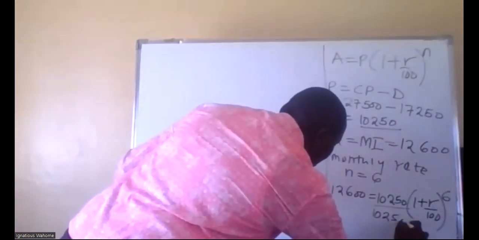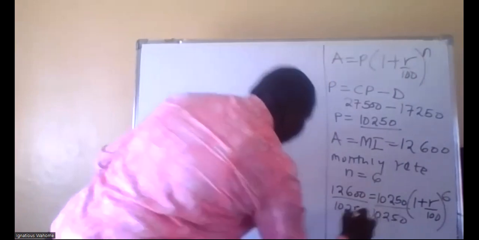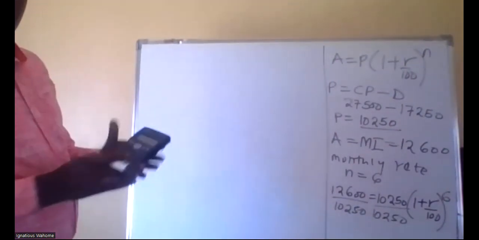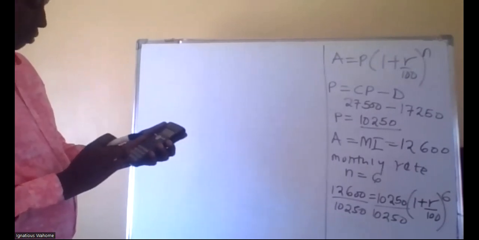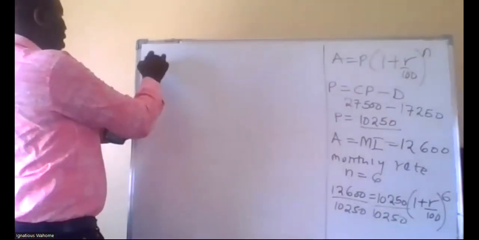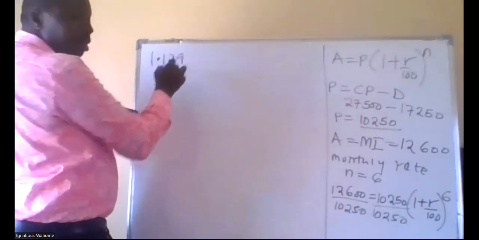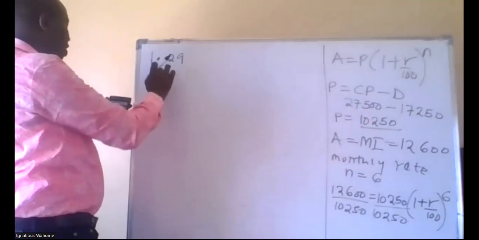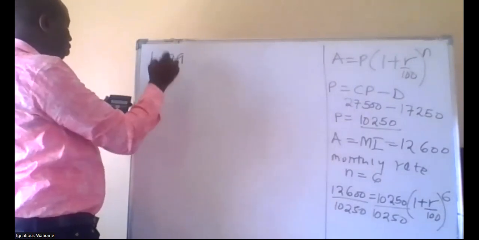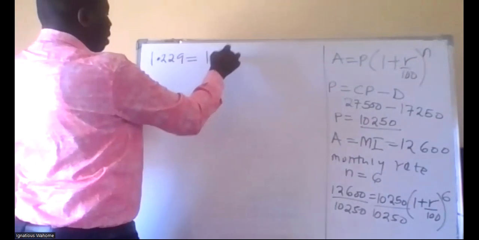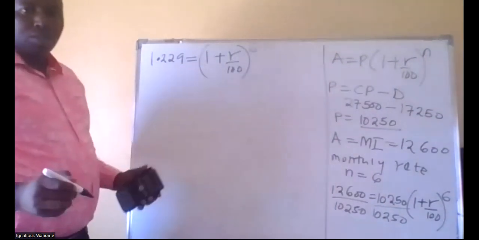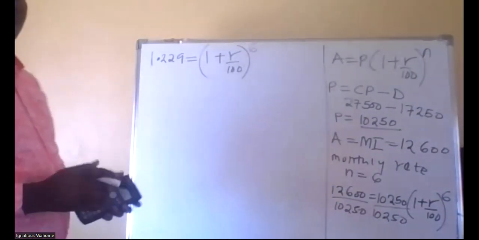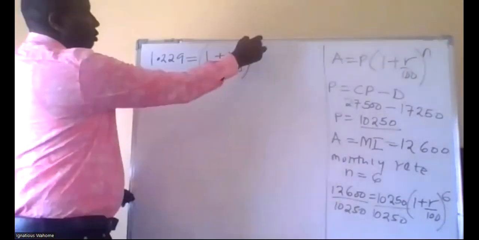So divide both sides by 10,250. 10,250 by 10,250. So divide both sides so that you get 12,600 divided by 10,250. You get 1.229 is equal to 1 plus R all over 100 to the power of 6.